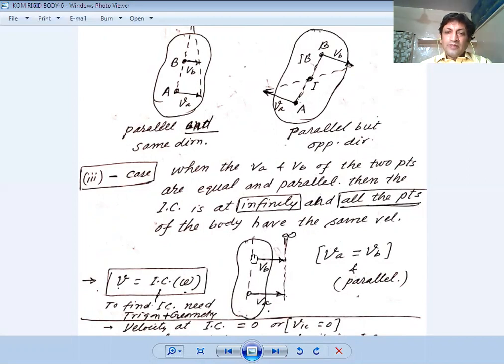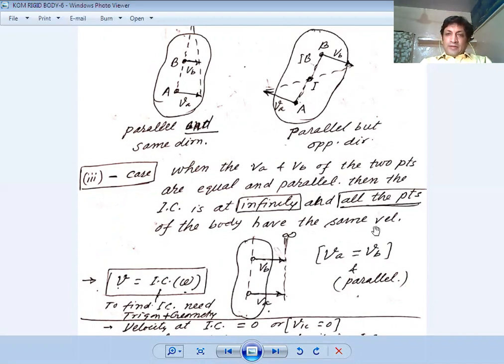The velocity of each point will be parallel, the IC will be at infinity, and the velocity will be the same. Here VA is equal to VB.